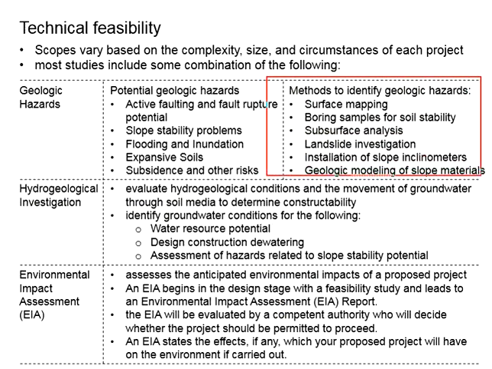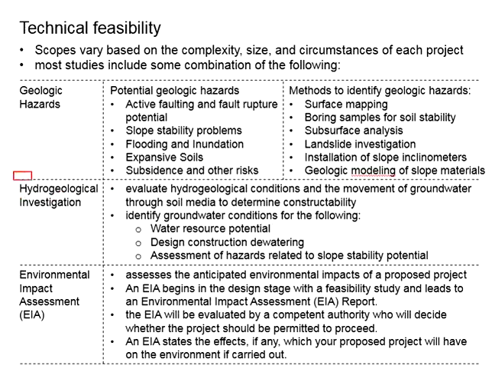These are the methods to identify the geologic hazard, such as surface mapping, boring samples for soil stabilities, subsurface analysis, landslide investigations, installations of slope inclinometers, and geologic modeling of slope materials.